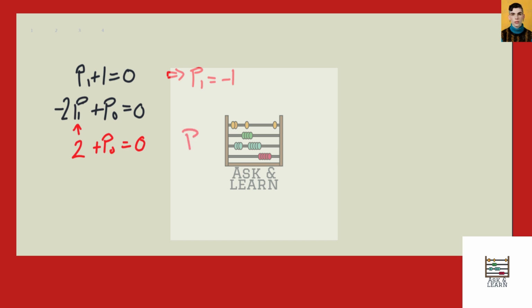So this means that p naught is equal to negative 2. So we'll put that into our particular solution, right? So our particular solution was looking like p1 times n plus p naught. And so we know this will be negative n minus 2.